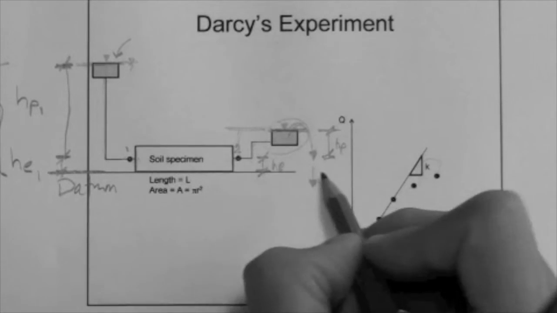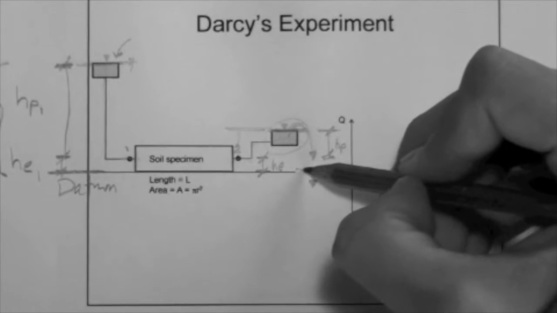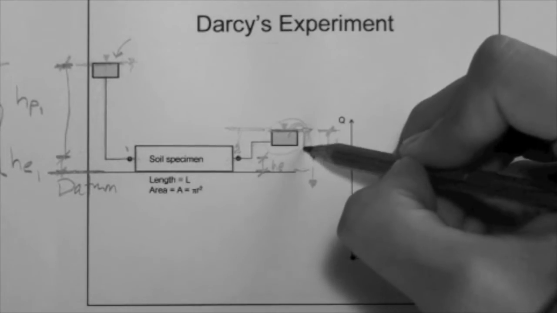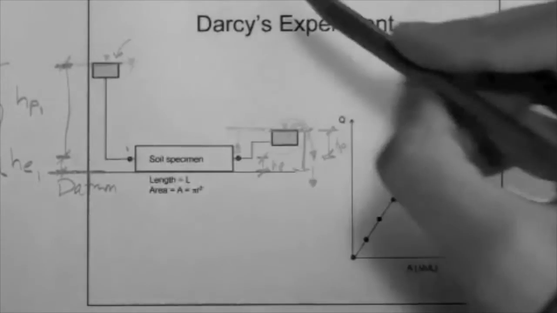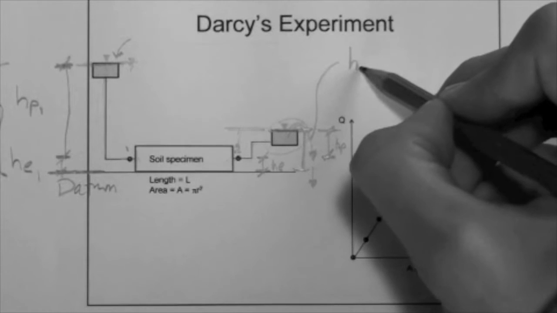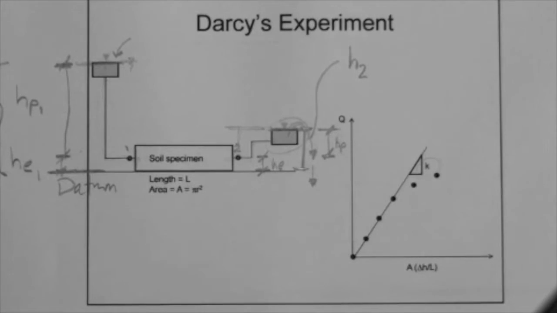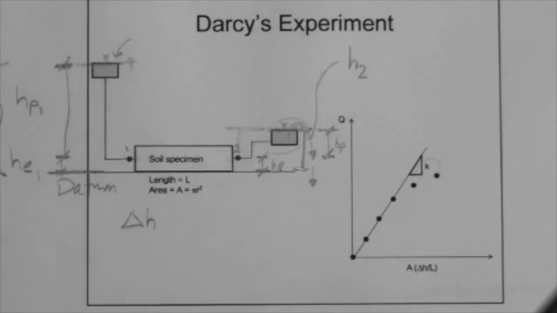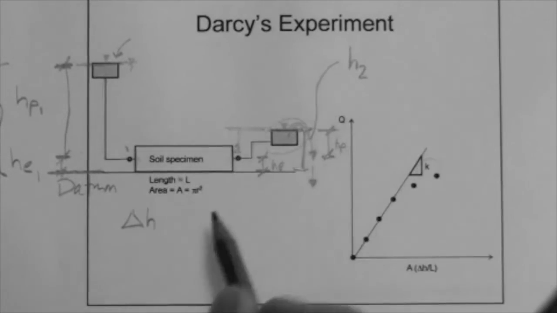That is the elevation head at point 2. And therefore, the total head, this is kind of messy, but I think that you can actually see this, is from the datum to the water table, just like on this side. Total head at point 2. Okay? The difference in total head is that distance h1 minus h2.